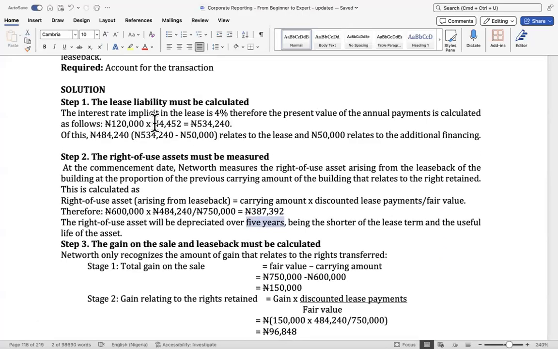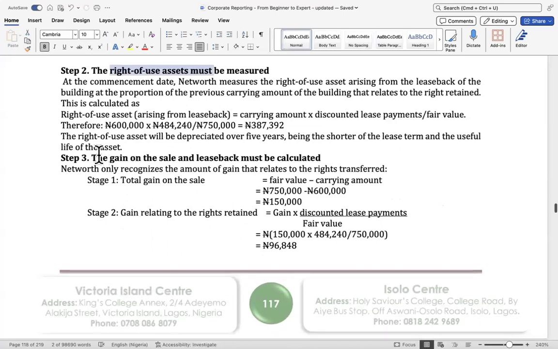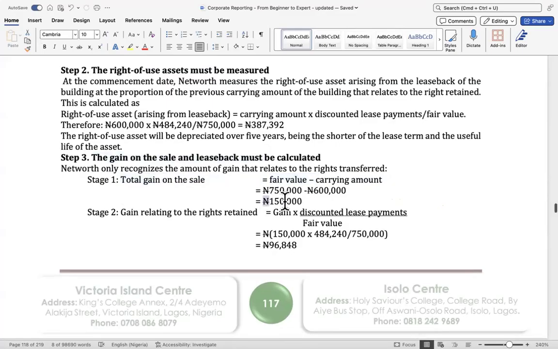Having done that, now I've gotten my lease liability, I've gotten my right of use assets. Then I need to get the gain on sale and leaseback. So you get the total gain, which is the fair value minus the carrying amount. That gives me 150. I say that the portion relating to right retained should not be recognized in P&L.